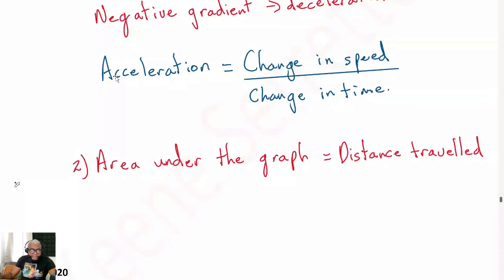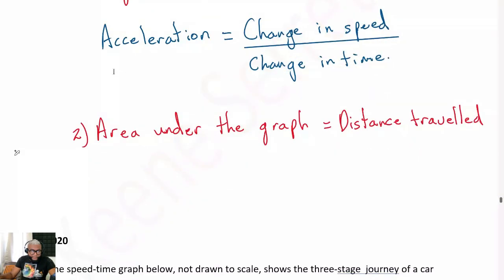So once you're calculating the area under the graph, that is distance traveled.